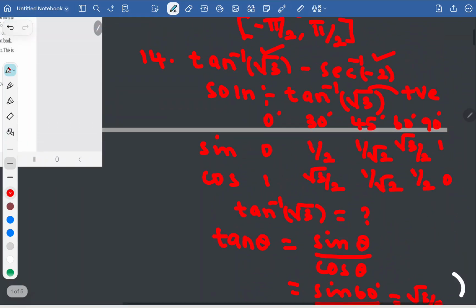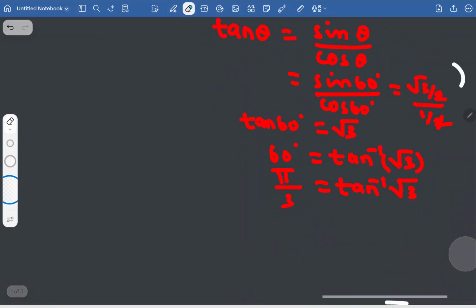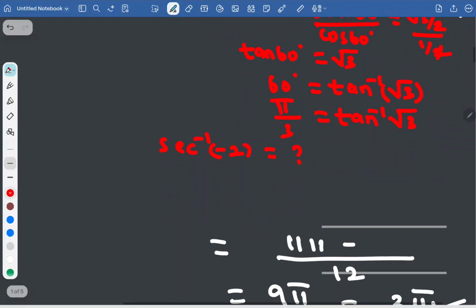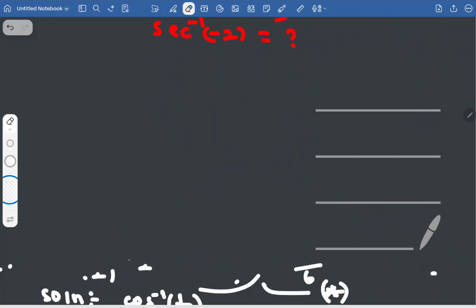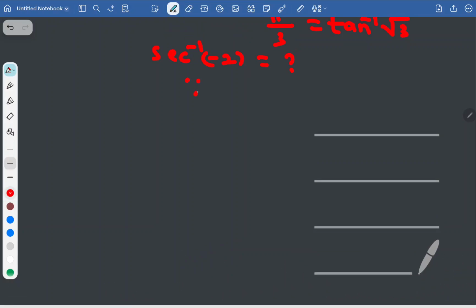Now I am going to find secant inverse of minus 2. We know very well that secant inverse of minus x is pi minus secant inverse of x.